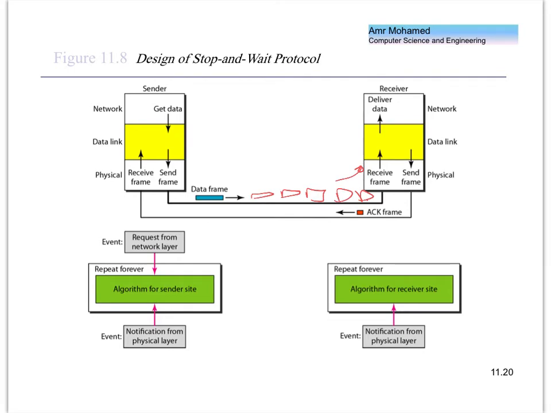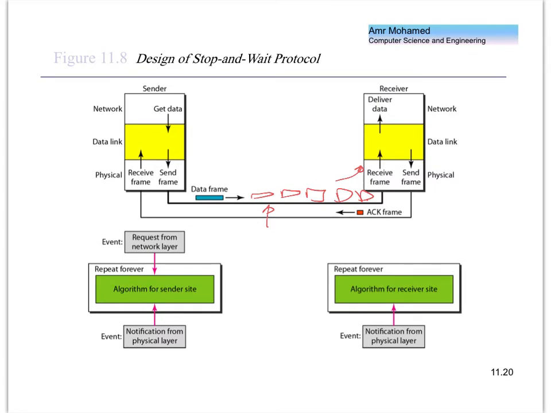That's good from the channel utilization point of view, as I said, but it's not good from the perspective of flow control or overwhelming the receiver. So there is a high possibility here that you can overwhelm the receiver.